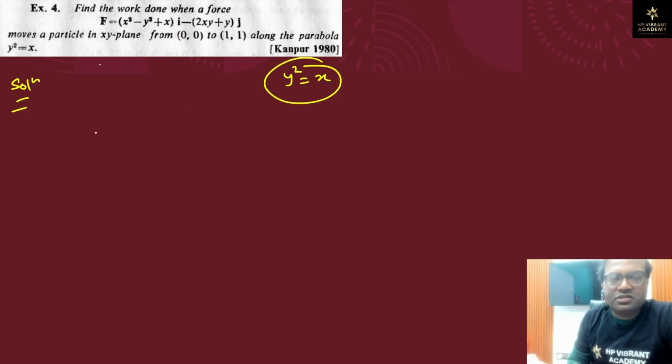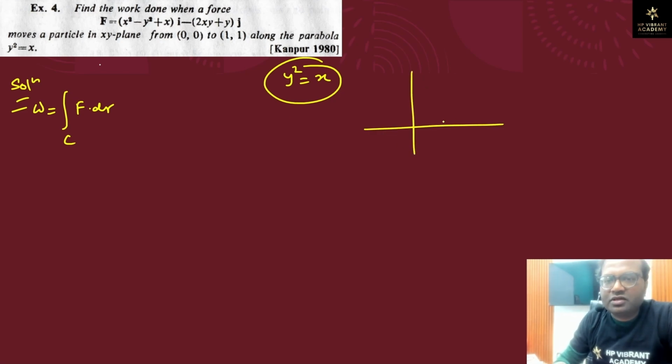So we have already studied that the work done by a force in moving a particle from one position to another is given by f dot dr along the curve c. Okay, this is the value of work done. So from point 0 comma 0 to 1 comma 1, y square is equal to x is like this, so this is 0 comma 0 and this value is 1 comma 1.